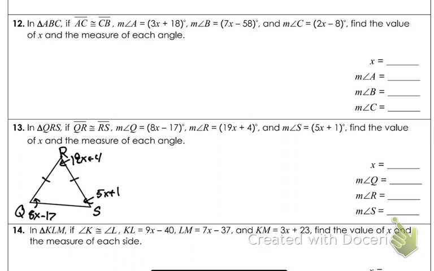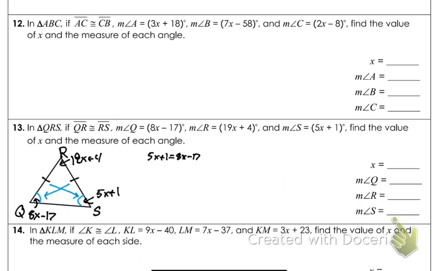But we might shortcut this one in realizing that, hey, if I have two congruent sides, it also means I have two congruent angles. So I can actually shortcut this problem. Rather than doing this plus this equals 180, I could simply go 5x plus 1 equals 8x minus 17. And solving that's going to be easier than solving one that goes 19x plus 4 plus 5x plus 1 plus 8x minus 17 equals 180, because that's a longer problem.